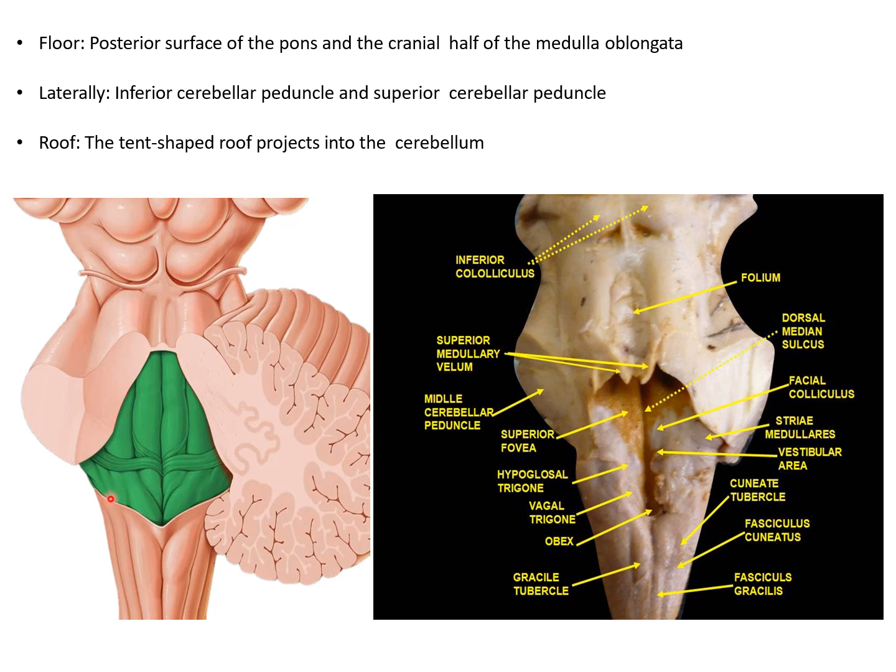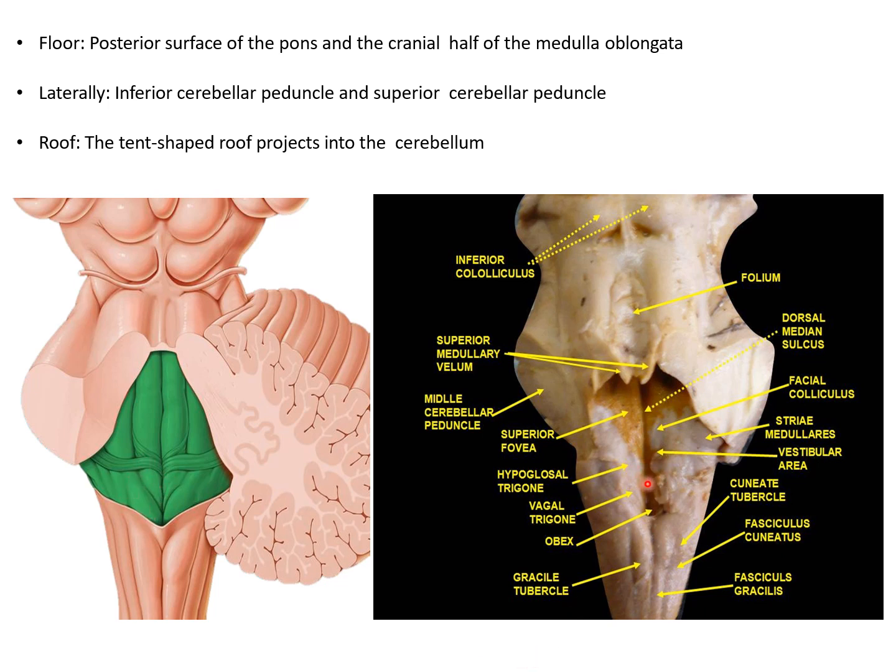Then we are going to see the lower half of this rhomboid fossa. As you can see, there are two triangle-like structures formed over here. One is the medial triangle and one is the lateral triangle.